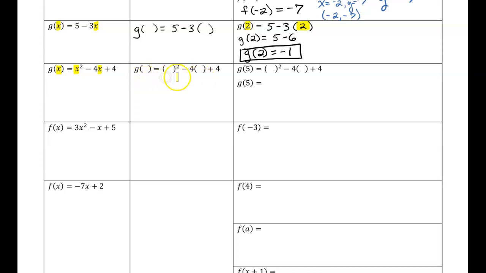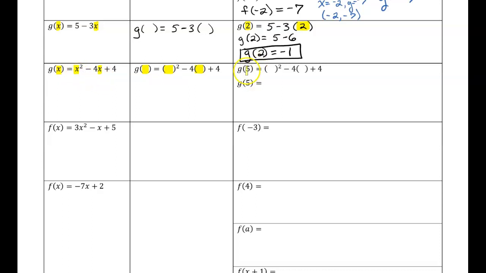So our skeleton, those blank spaces that we had previously, still go with these other powers, the other operations. So we're going to have g of whatever's on the inside is equal to that inside part squared, and replacing the x with the blank parentheses here, minus 4 times that same value. So we're plugging in the same number, in this case, in two places.